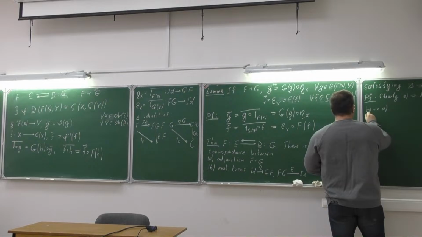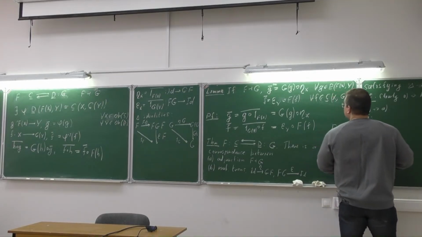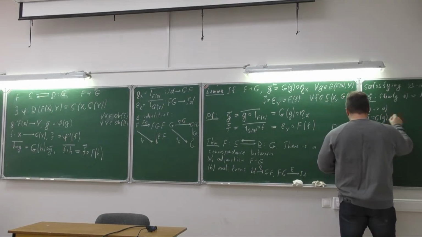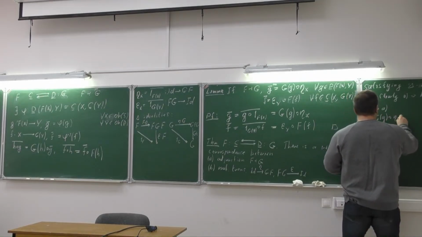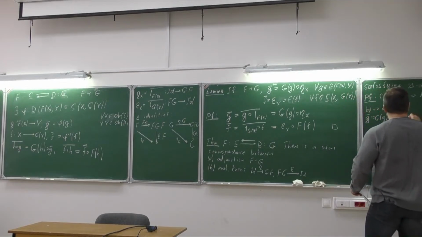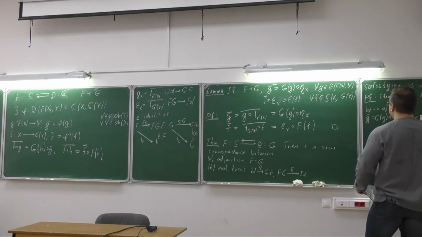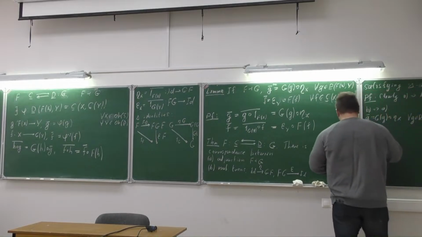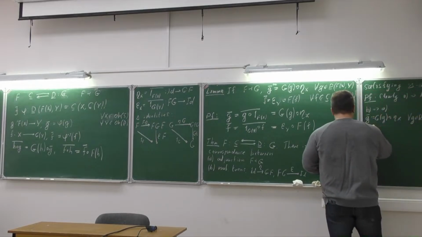By definition, g bar is what we have here: g of g, composed with eta sub x, with the same condition that g is any element in the Hom of f of x. So we just say that these are definitions. And f bar.